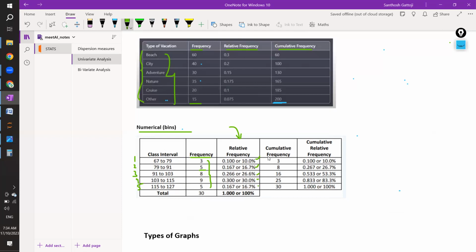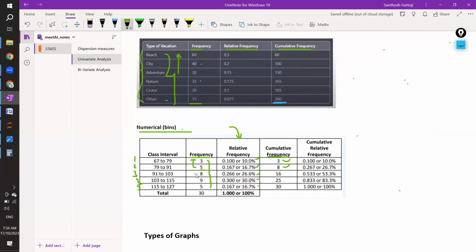Now coming to cumulative frequency, as we have seen here, cumulative frequency is the value and all the outcomes that occurred before that. Here for 67 to 79, cumulative frequency is 3. Simple. But for 79 to 91, what is the cumulative frequency? 5 plus 3, 8. Getting?